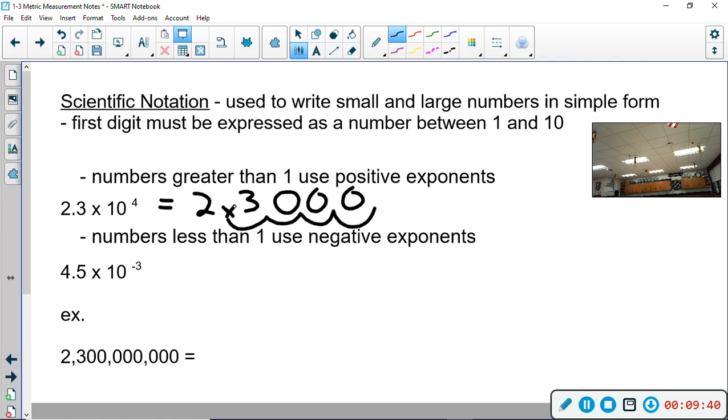Get rid of the decimal, and that's your answer. So in this case, it's 23,000. Okay, so again, you're going to move the decimal place 1, 2, 3, 4. All right, and that basically is the final spot.